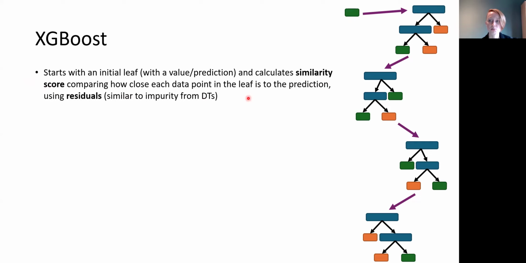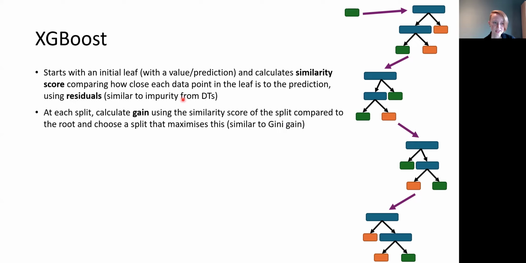Rather than building these trees on the actual data values, it builds them on the residuals. This similarity score is similar to the impurity score that we saw from our decision trees. If this makes no sense, then don't worry too much. It's just an interesting slight difference from what we were looking at last time with our random forests.